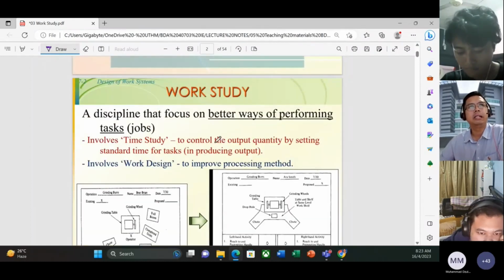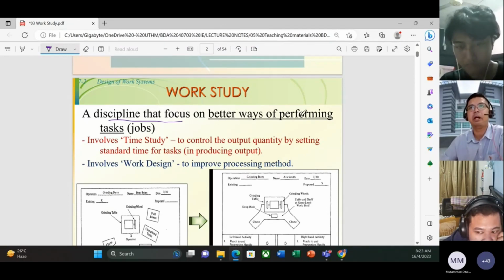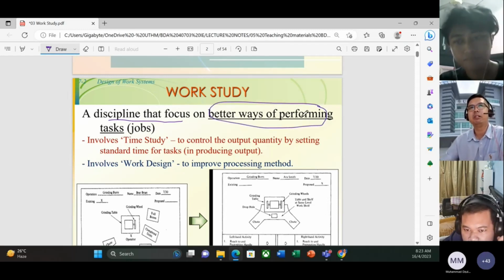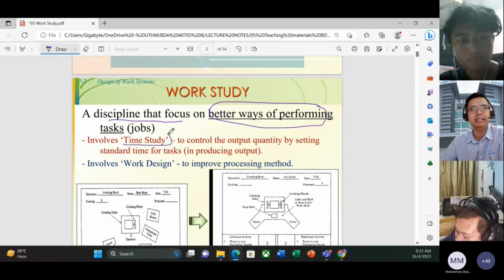Work study is a discipline that focuses on better ways of performing a task or jobs. So please remember, work study is a discipline focused on better ways of performing a task or jobs. Work study involves a time study.